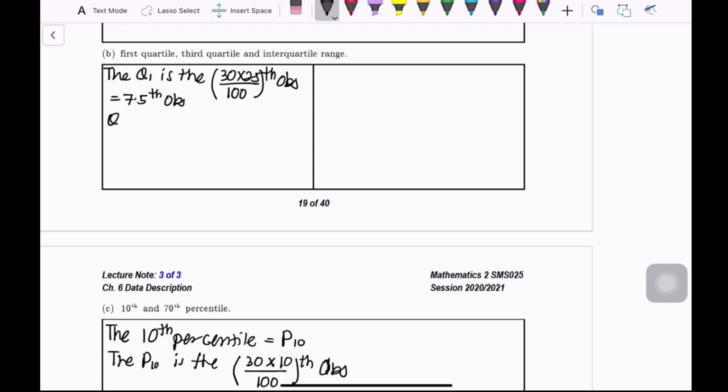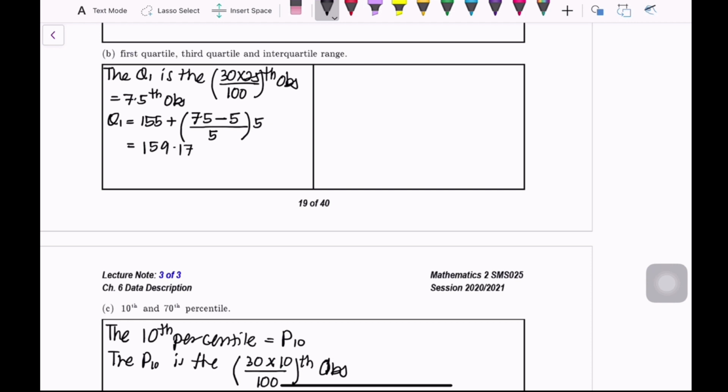By using the formula for Q1, the lower boundary for the class of Q1 is 155 plus n times k over 100, which is 7.5, minus the cumulative frequency before class Q1, which is 5, over the frequency for Q1, which is 5, and C is equal to 5. So Q1 is equal to 159.17.